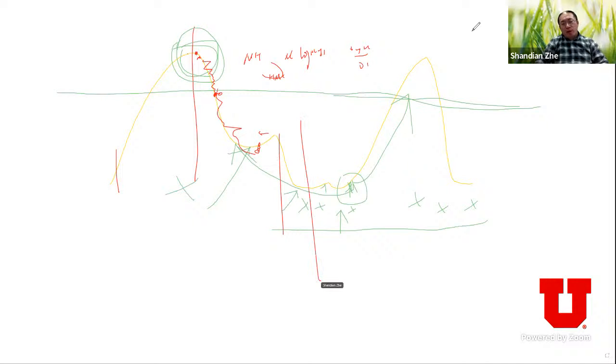But if your current sample is staying here, you have more chance to get a sample here and here, rather than every time exploring only here and here. If you use Metropolis-Hastings, the step size alpha is fixed. But obviously we want the step size alpha to be large in a low density region, and for a high density region, you might need alpha to be small.